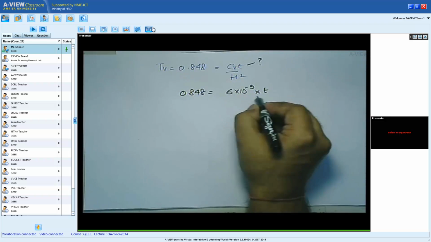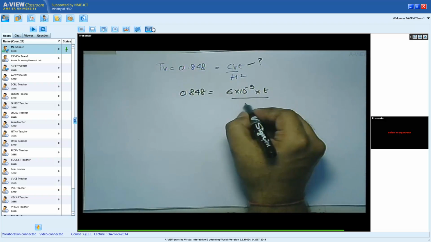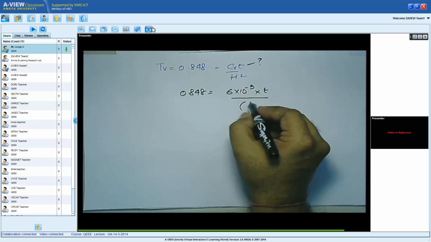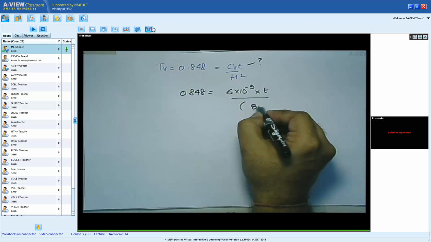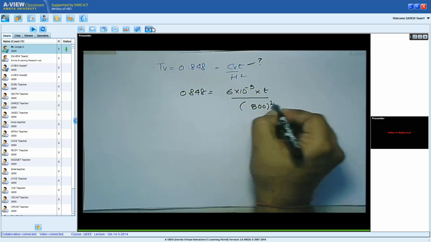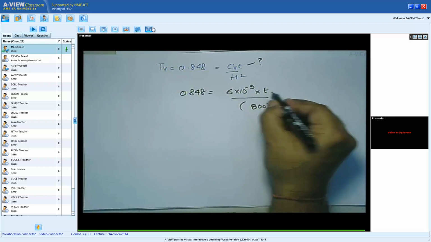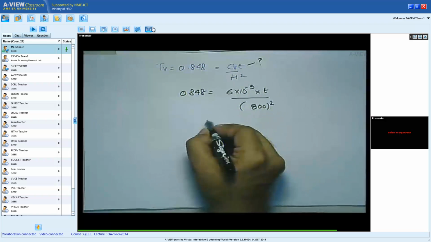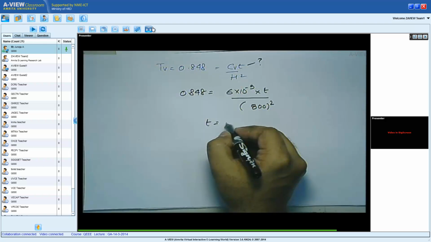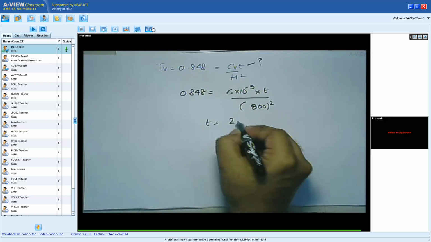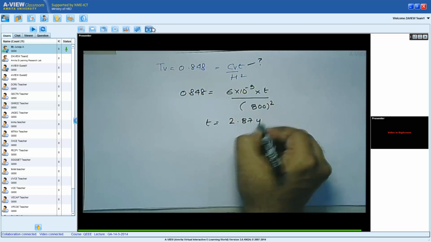So this time will be in seconds, and the maximum drainage distance is 8 meters, so I have to convert this into centimeters. So this should give me my value of T in seconds. Your final answer, if you convert it to years, comes out to be 2.87 years.